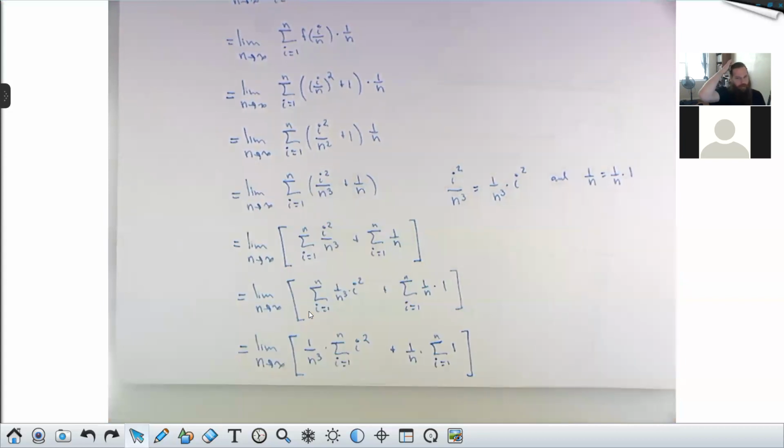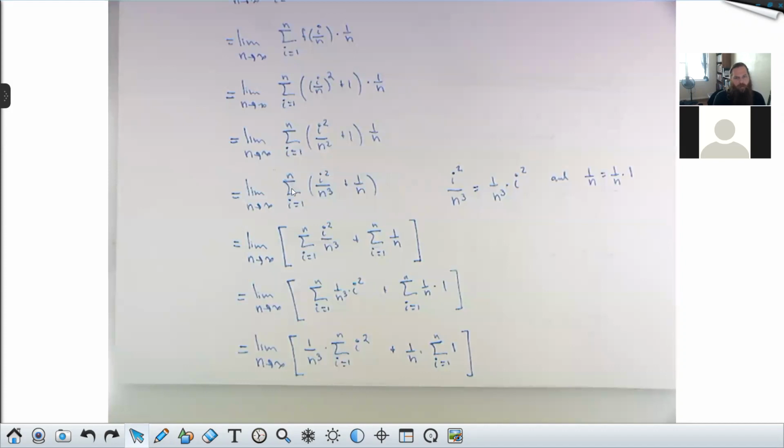And if you apply some kind of lecture logic, you know we have a summation formula that looks like this. So even if you weren't right away aware that you could pull the 1 over n cubed or the 1 over n out, knowing that we have a formula for stuff that looks like this hints way back at this line that this is what we want to do.